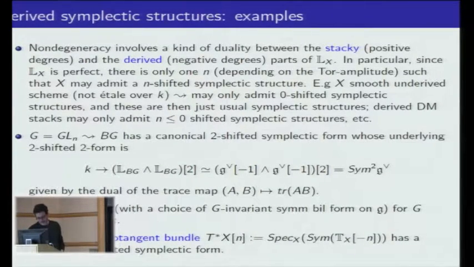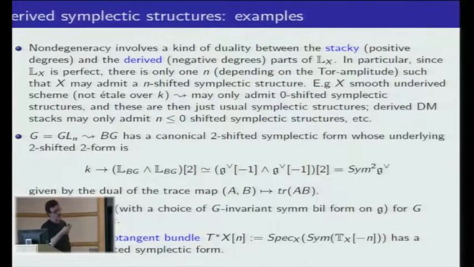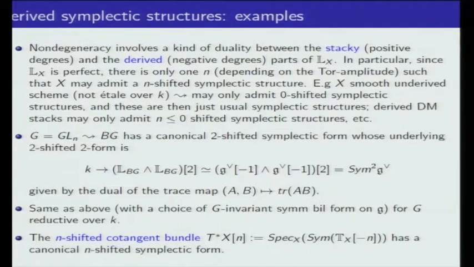And you can extend this to any reductive G. Another example of something symplectic is you just take the shifted cotangent of any derived Artin stack. The shifted cotangent is the spectrum of the symmetric algebra of the tangent complex shifted by minus n. So if the shift n is 0, this is just the cotangent stack. And you can prove that you always have T*X[n] has an n-shifted symplectic form.